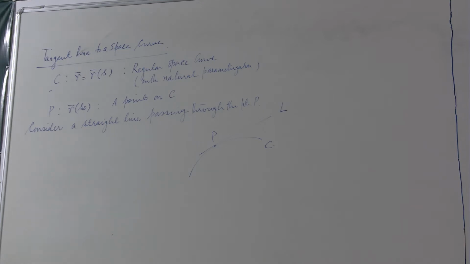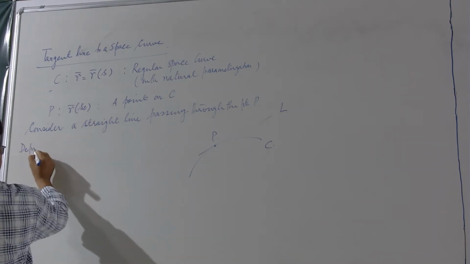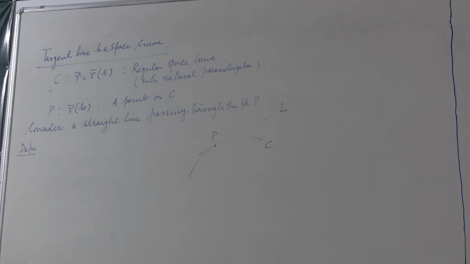Now, first of all, let us define how we will define the tangent line. So, with this background in mind, I am writing down the definition of a tangent line.